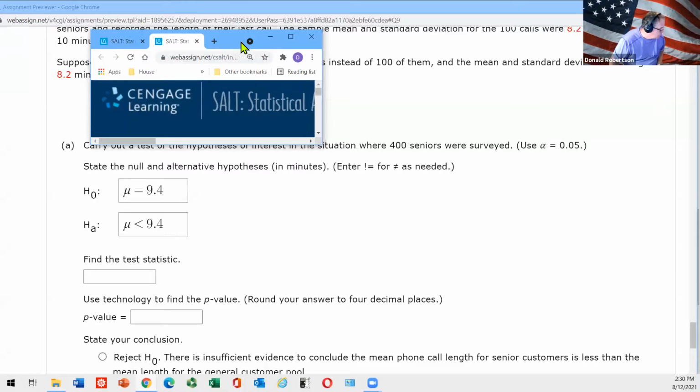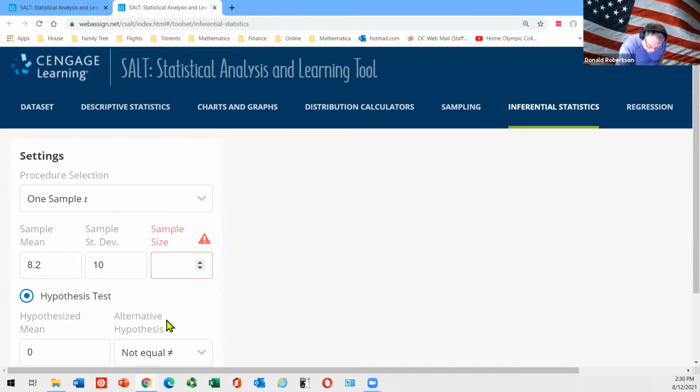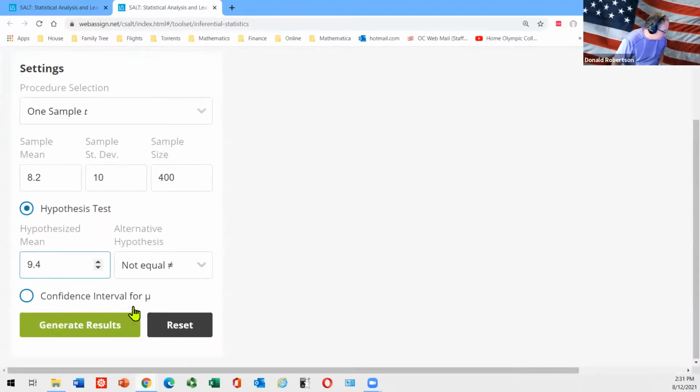Yeah, that is really a huge amount. And 400. And we are going to be putting in here what it used to be. And are we going to do not equal to or less than? We said less than, so that's the one I'm going for.